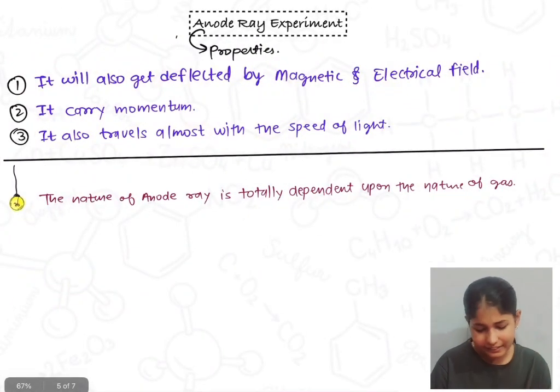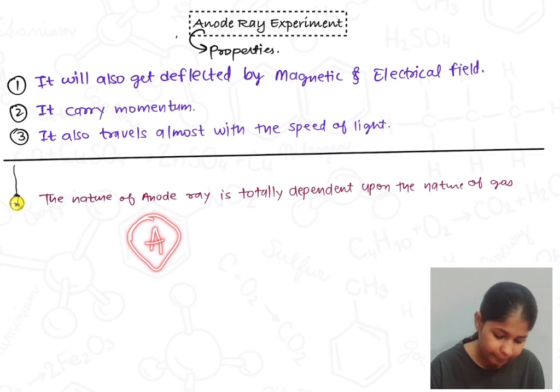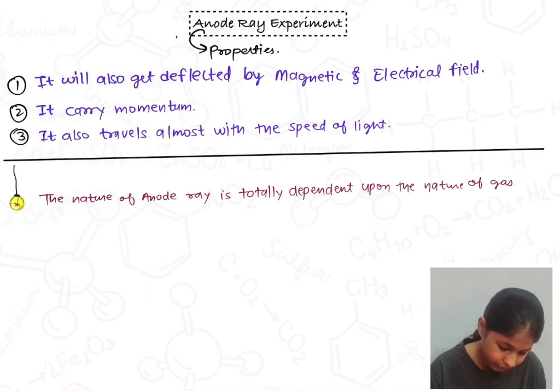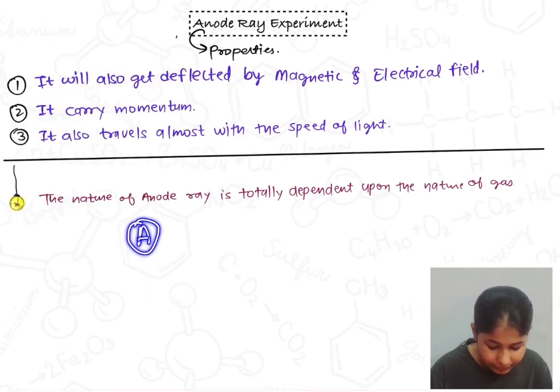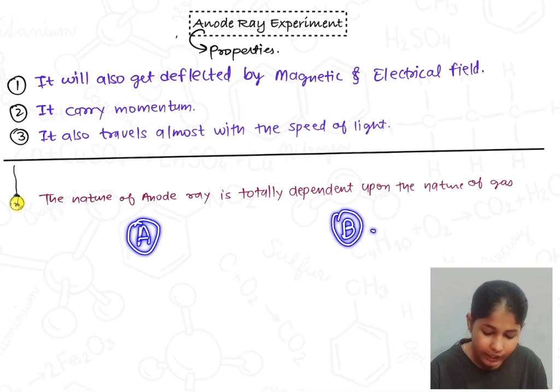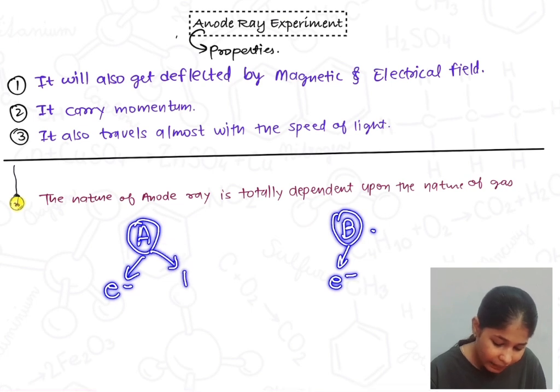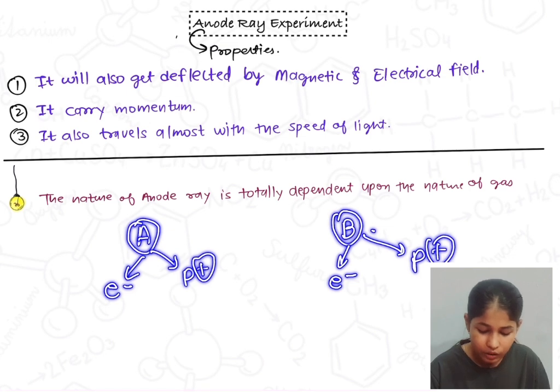It means, can I say that if I am taking element A and element B, and I am taking out cathode ray from it, I'm just representing it with an electron sign, and if I'm taking proton from both the elements, what will be the relation of the properties of both the elements?